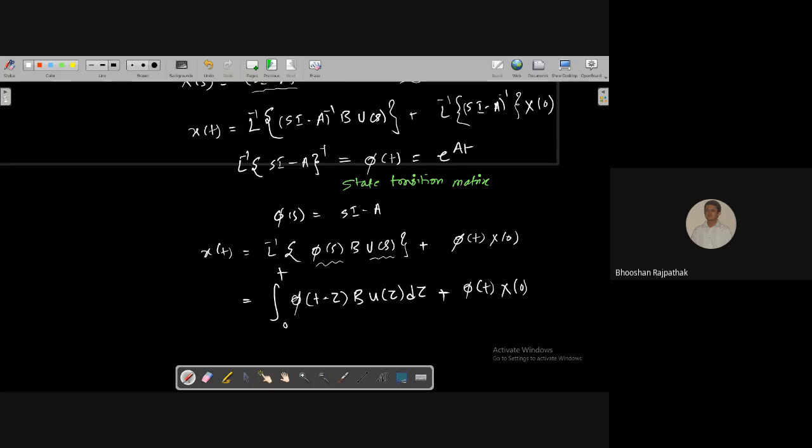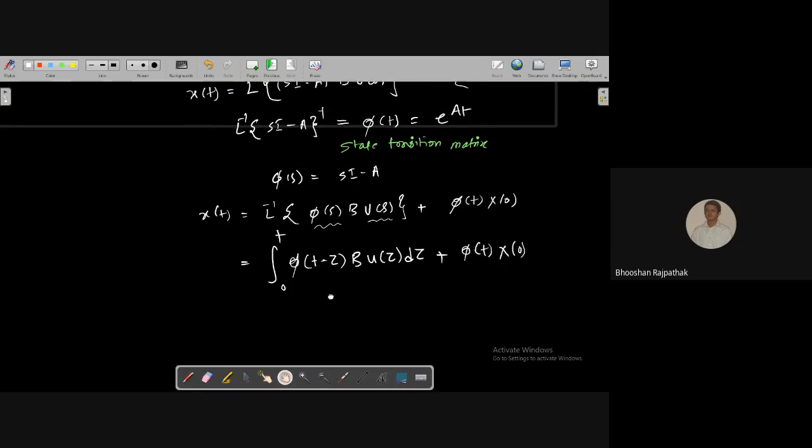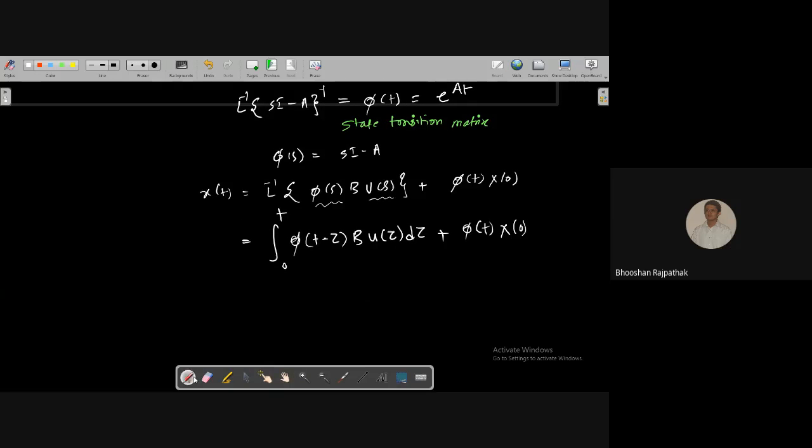And since we will deal with LTI systems, even in GATE we are dealing with LTI systems only, you can write this as integral 0 to t e raised to A(t minus tau) B u(tau) d tau plus e raised to At x0.